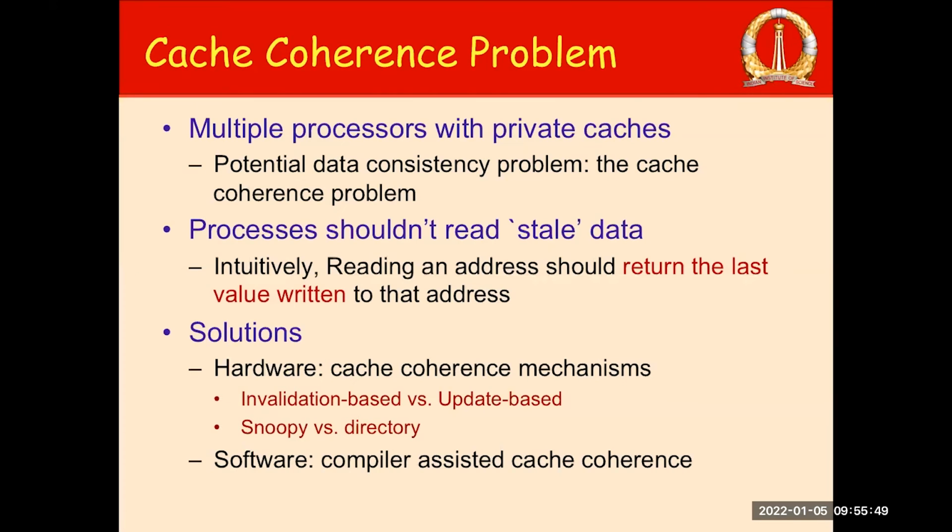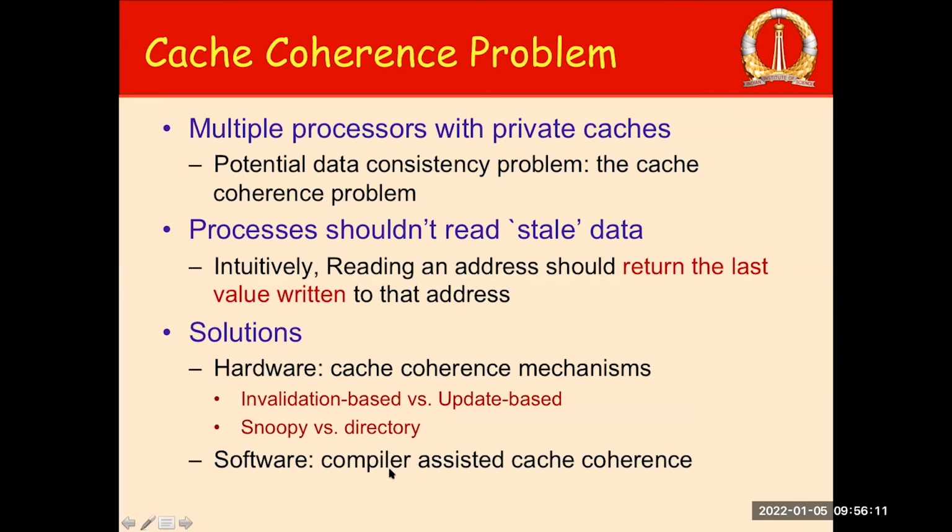Whether it is an invalidation based protocol or an update based protocol, they can be implemented using either a Snoopy cache coherence protocol mechanism or a directory based cache coherence protocol mechanism, which I will talk about a little later on. This is essentially a hardware solution for the cache coherence problem.